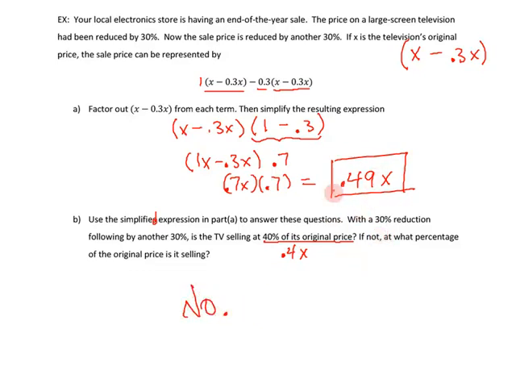What is the percentage we have here? It's selling at 49%. And that all goes back to the fact that you are taking the 30% off from the sales price that you already took 30% off of. Right? So that's the final answer there.